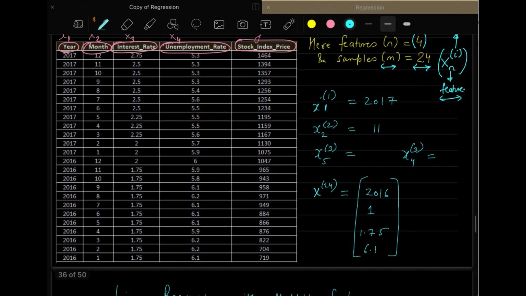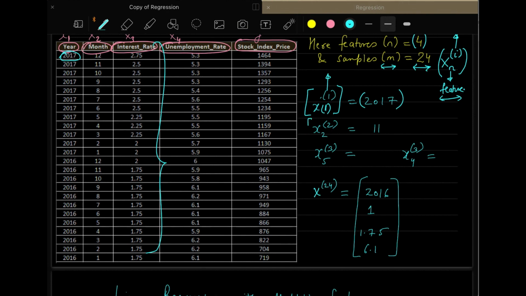If you want the value of x11, that means you are looking at the first sample and its first feature, then it's this one, 2017. So this is the answer.